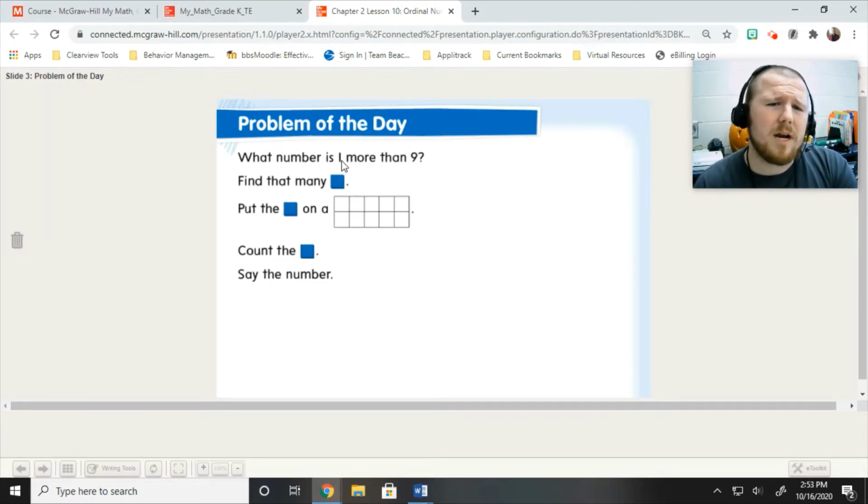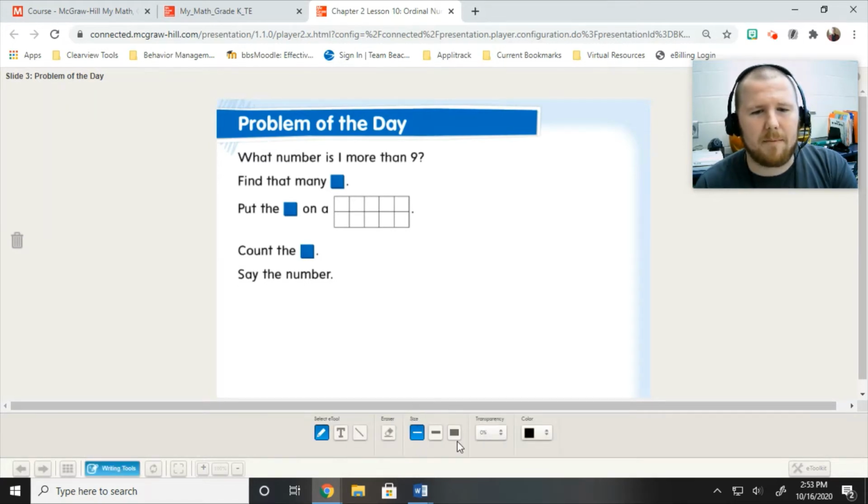Problem of the day. What number is 1 more than 9? It says find that many blocks. Well, I don't have blocks, so I'm going to use a marker. Let's count 9 first. 1, 2, 3, 4, 5, 6, 7, 8, 9.